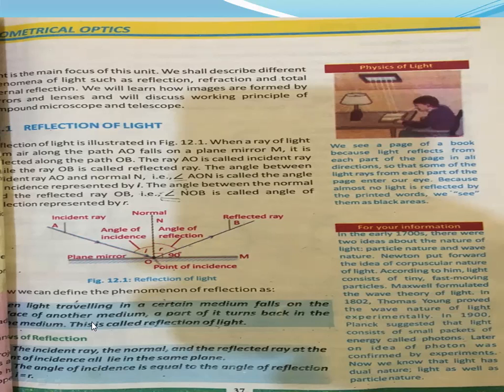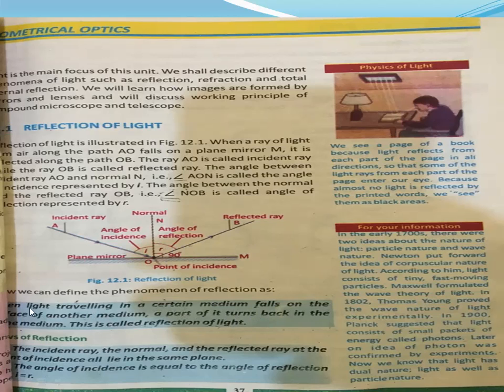So we can define the phenomenon of reflection. If they ask you to define reflection of light, you will write this definition: when light traveling in a certain medium falls on the surface of another medium, a part of it turns back into the same medium.